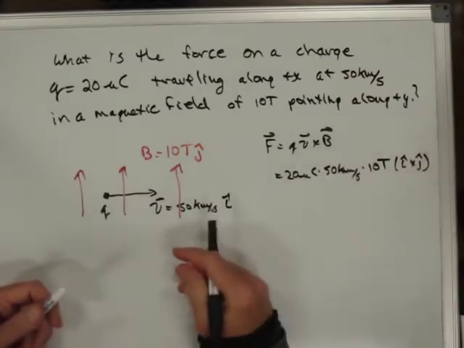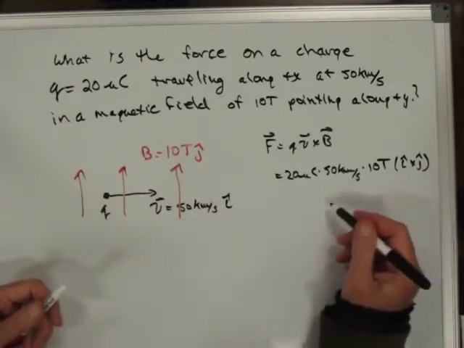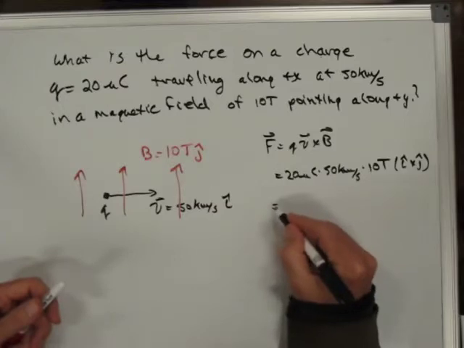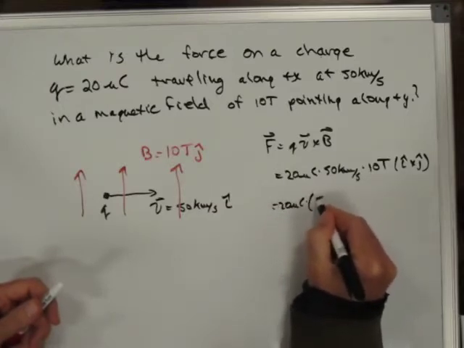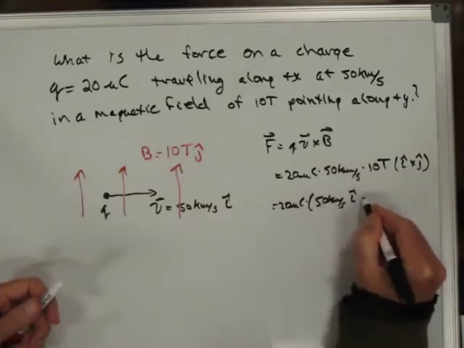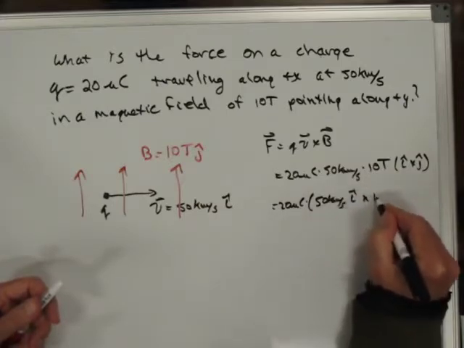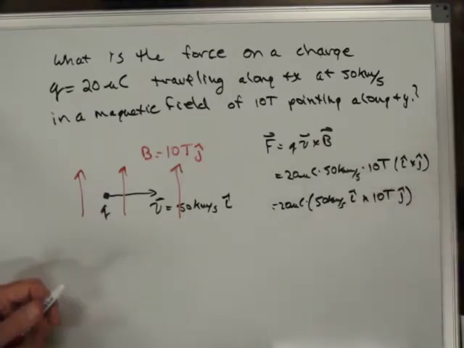I just pulled the magnitudes out since they don't matter. They just factor out if you want. You could just as easily write it this way: 20 microcoulombs times 50 kilometers per second I hat cross 10 Tesla J hat, like that.